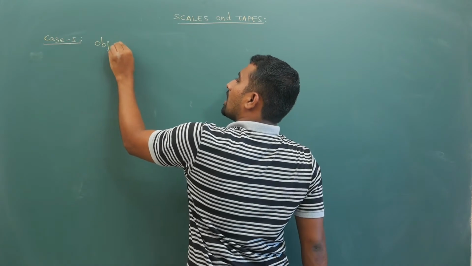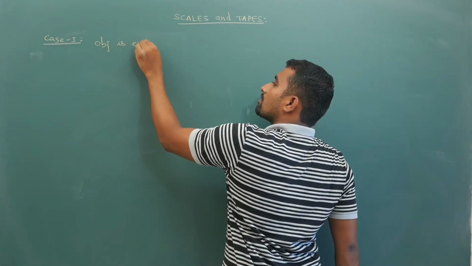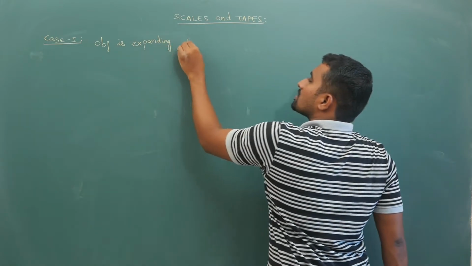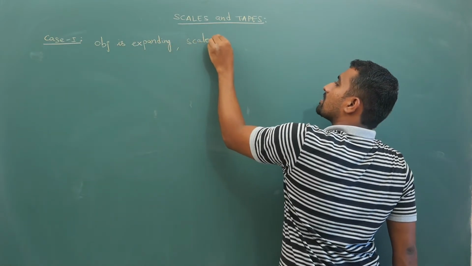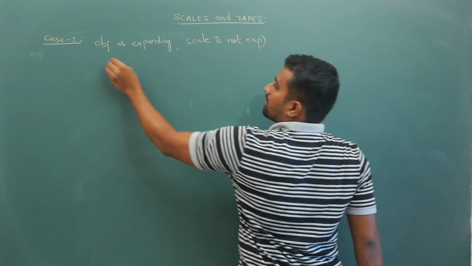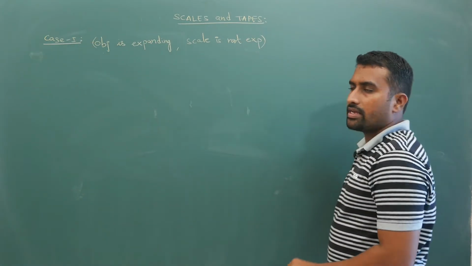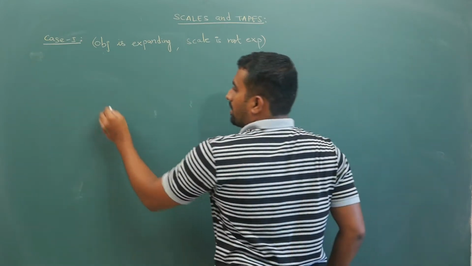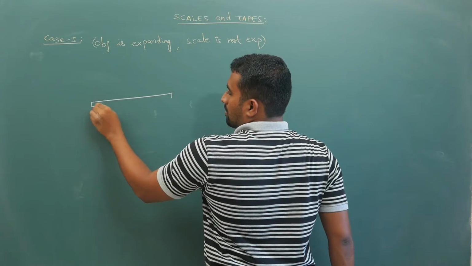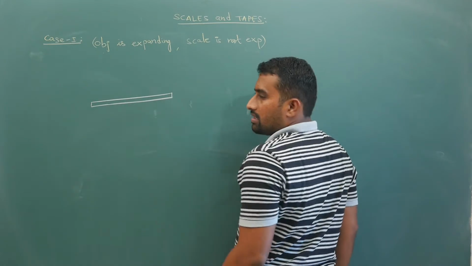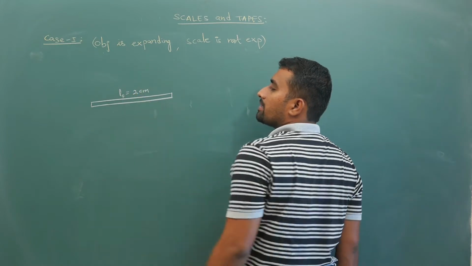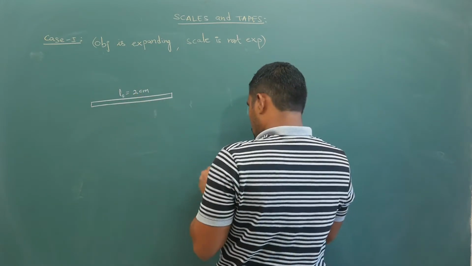The object is expanding or contracting, the scale is not expanding or contracting. In this case, my point is, let us say you have an object whose initial length L0 is equal to 2 centimeter.